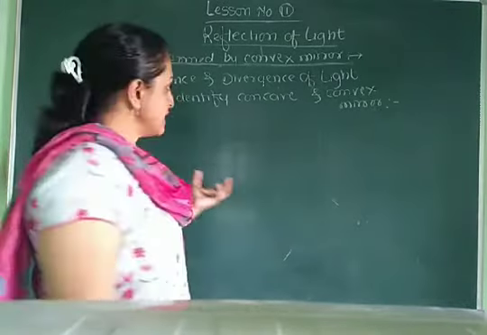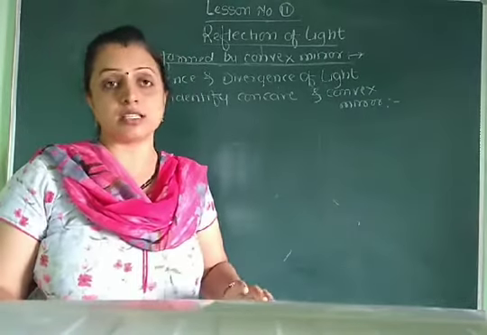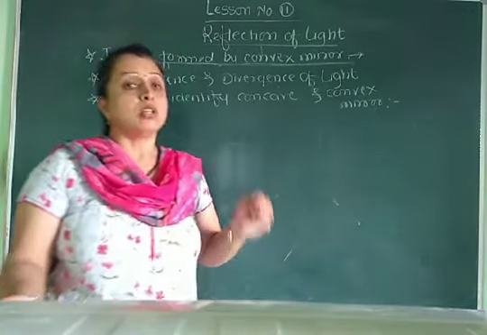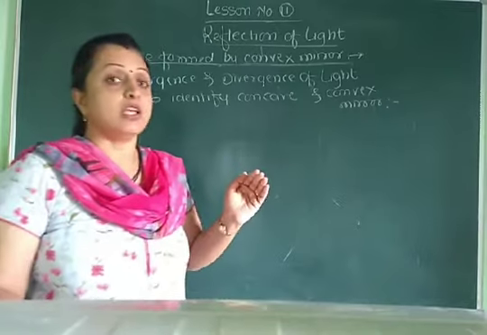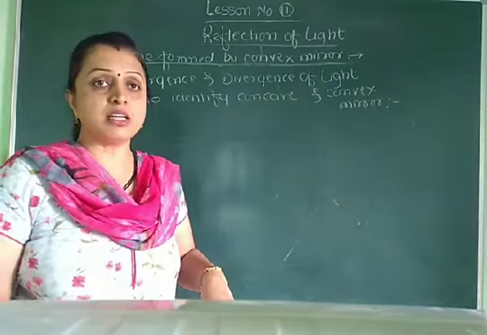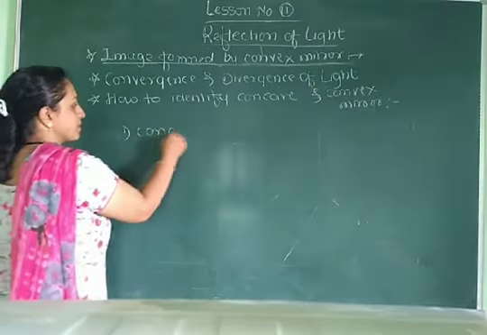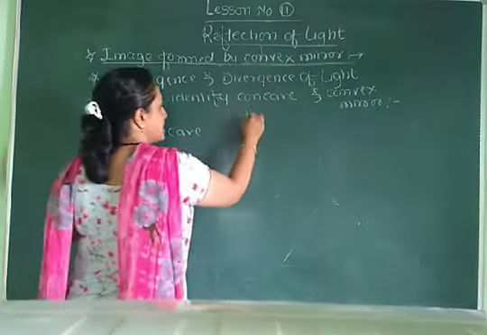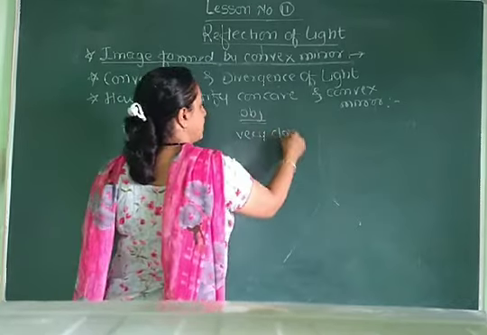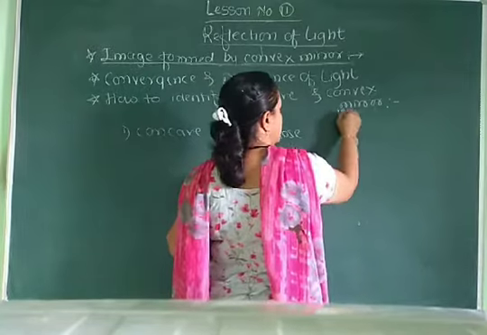In the case of a concave mirror we have studied all the conditions, meaning if we change the position of the object, how we get the image. The last condition: if we place the object very close to the mirror, then what will be the nature of the image?